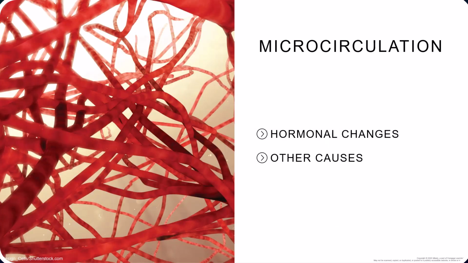So hormonal changes are also one of the causes of microcirculation problems common in mature skin, like couperose skin. Couperose skin, or telangiectasia, is the dilation of capillary walls.